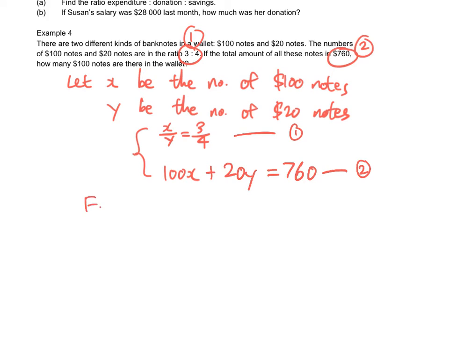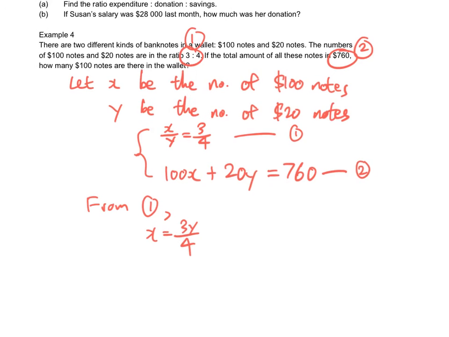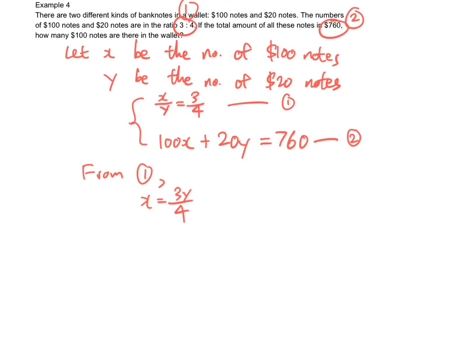And then from 1, try to use substitution. x equals 3y over 4. And then we can just put it into the second equation. Put 1 into 2. Any problems?